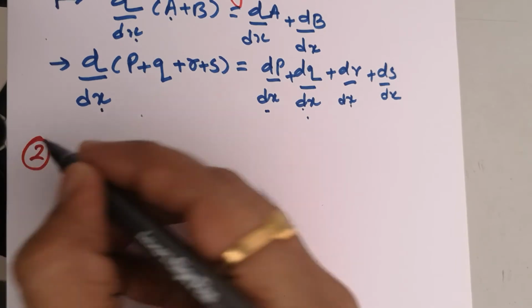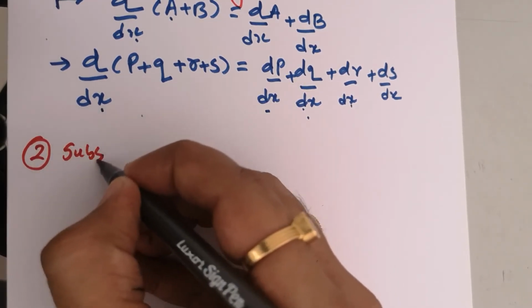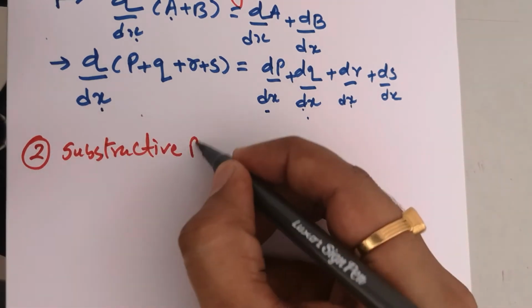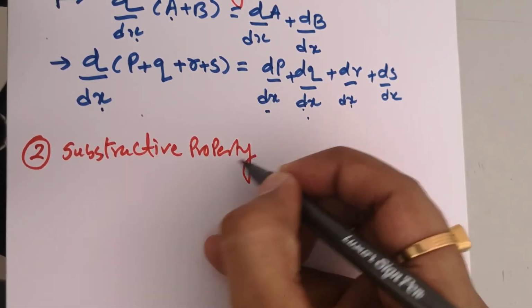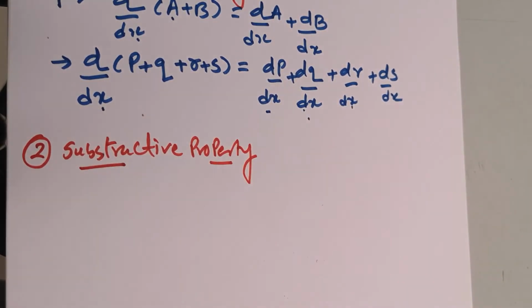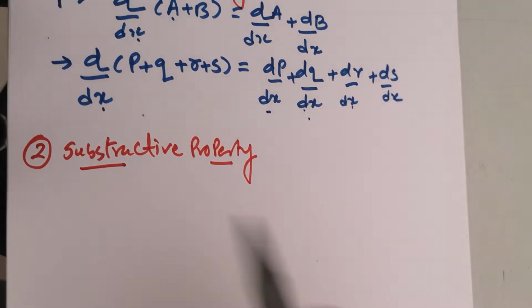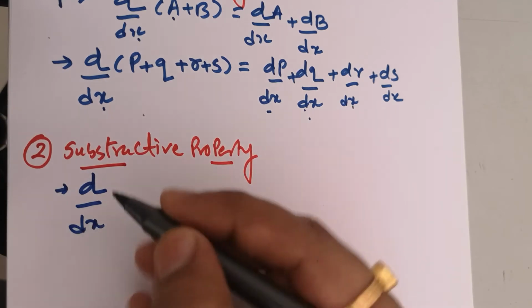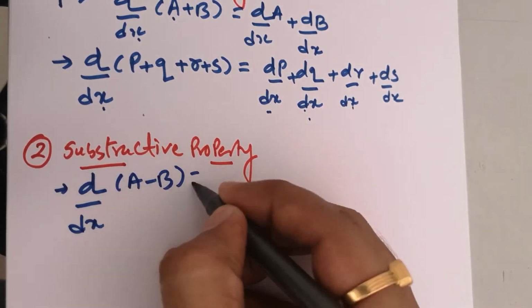The second property is called the subtractive property. As per subtraction, we use the same simple terminology: d by dx of a minus b.